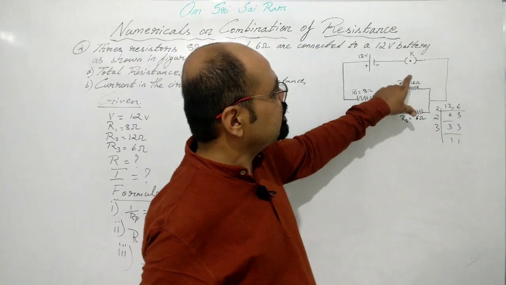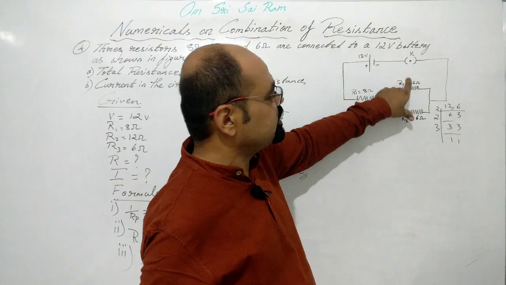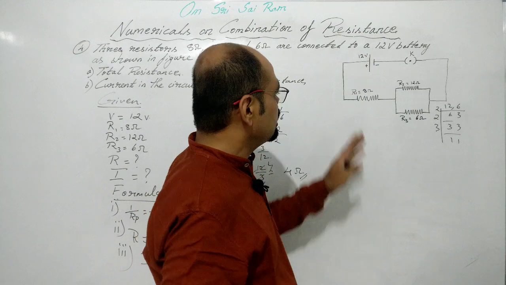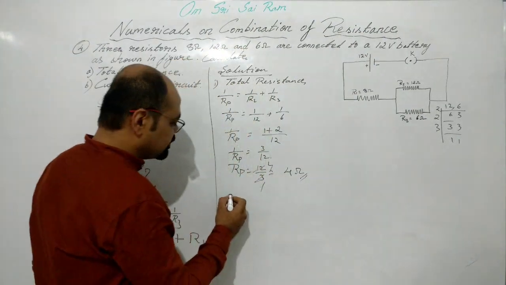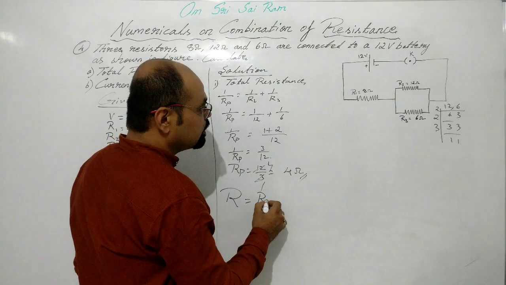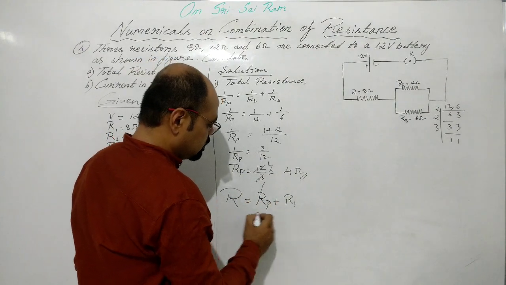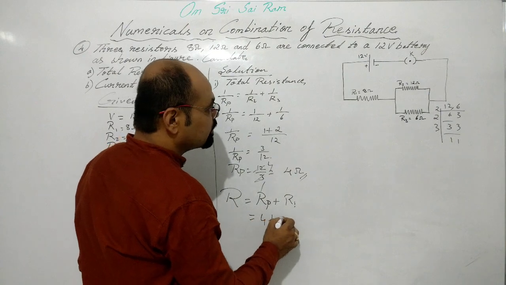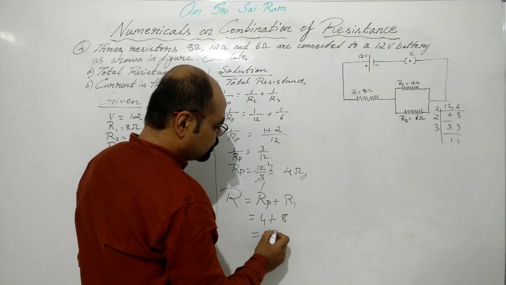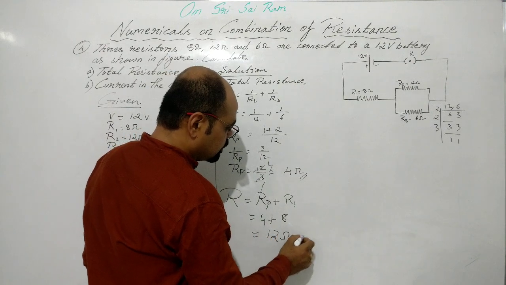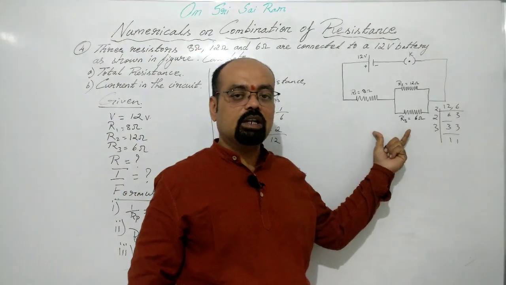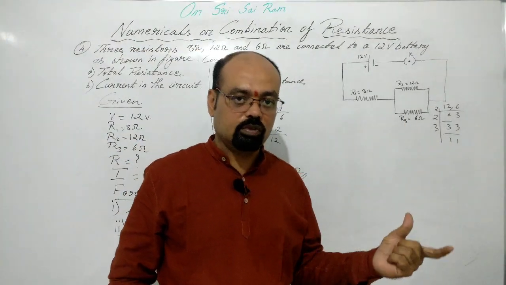So the total resistance of R2 and R3 which are connected in parallel is 4 ohms. Now we will calculate the total resistance. R is equal to Rp plus R1, that is 4 plus 8, which is equal to 12 ohms. So the total resistance of the given circuit is 12 ohms.